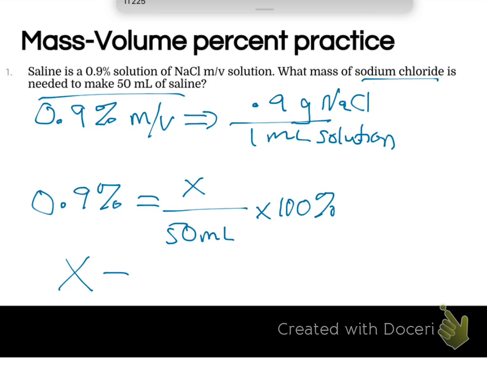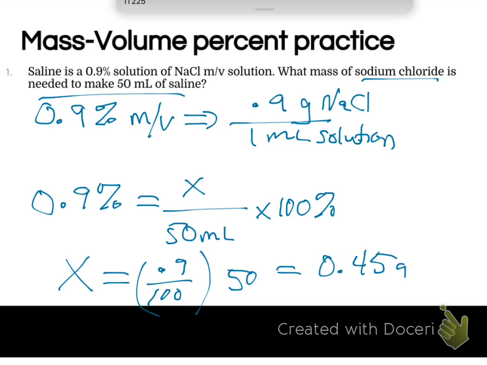And so x is going to equal 0.9 divided by 100 first, and then multiply that by 50. You can do that step by step. It's probably faster that way. And so our final answer is that we need to have 0.45 grams. This is grams because of how we define the formula of NaCl.